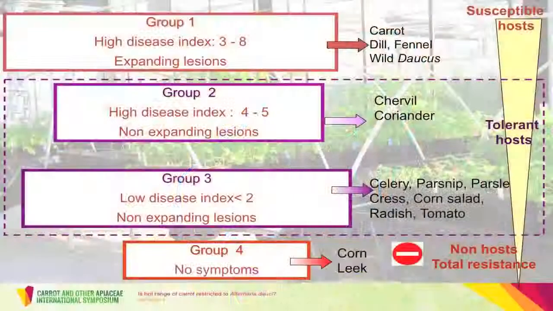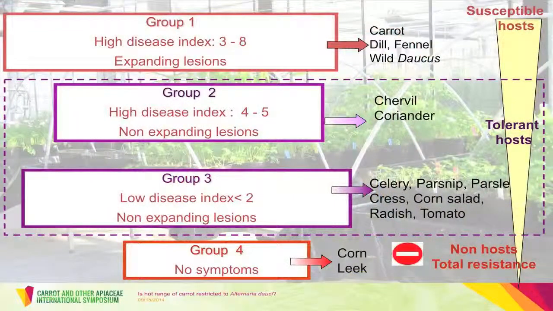So with that result, we can realize 4 groups, depending on the disease index and also depending on the expanding or not lesions. So the first group corresponds to the carrot, the dill, the fennel, and also the wild Daucus, so with high disease index, but with expanding lesion.